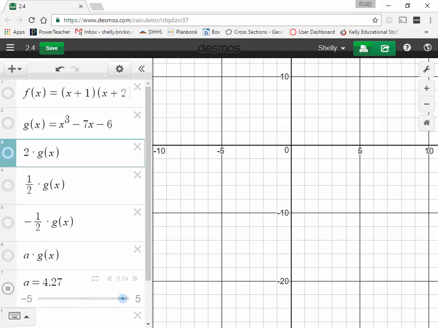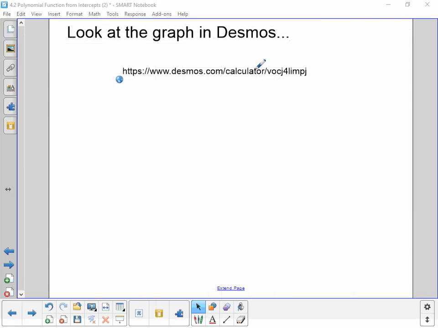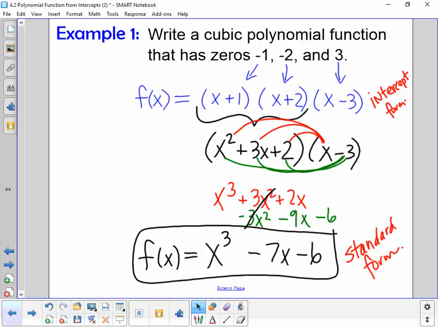So if our question is just write a cubic polynomial with these zeros, we could have picked a different function. We could have, say, stretched the whole thing by a factor of 2. We would have 2x cubed minus 14x minus 12. That would be stretched. It has the same zeros as the original function.